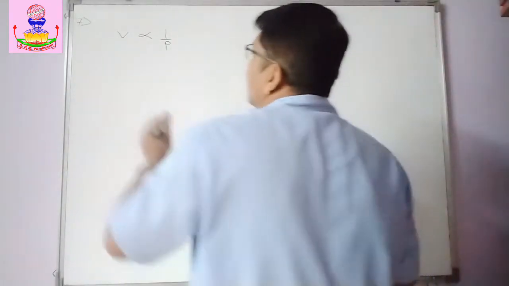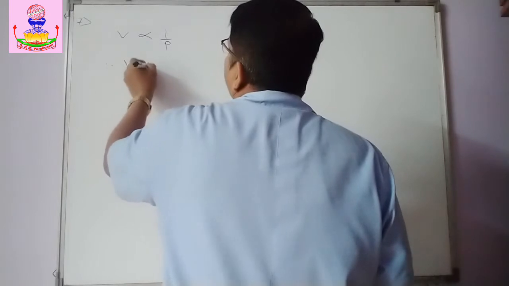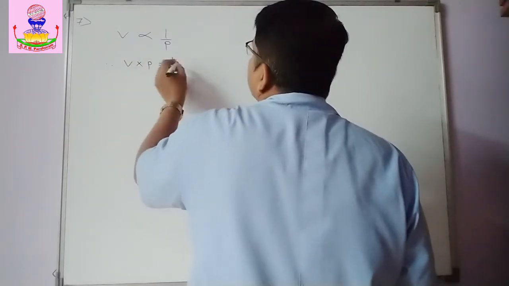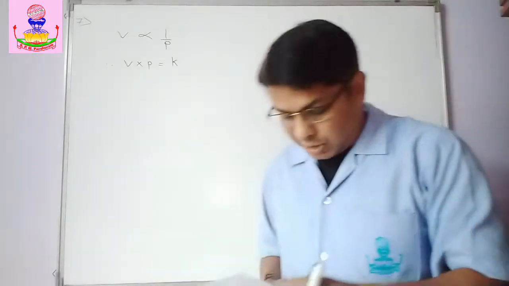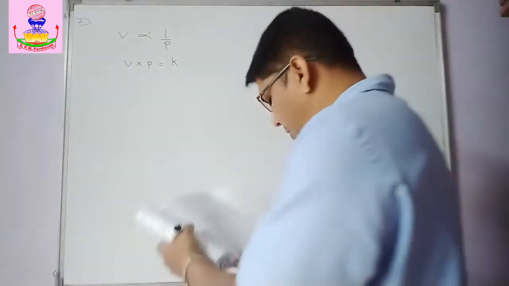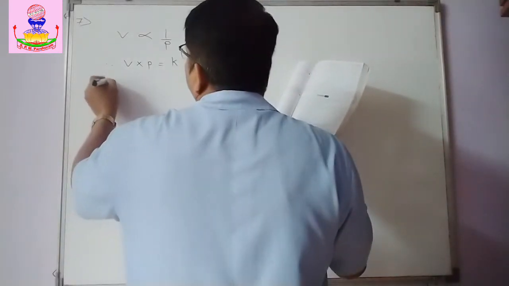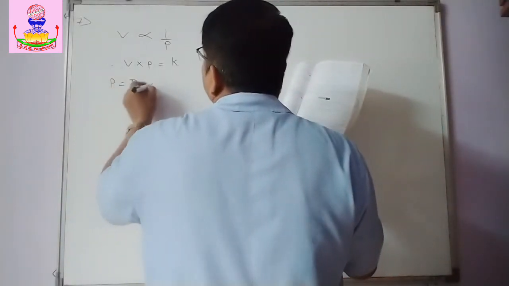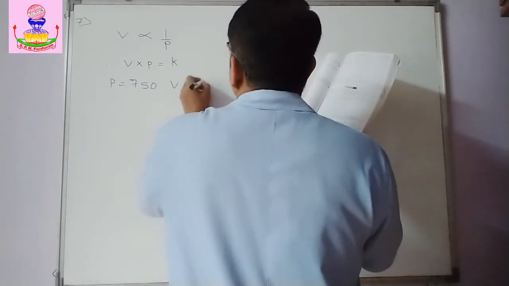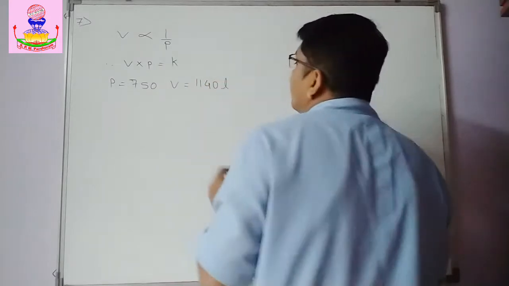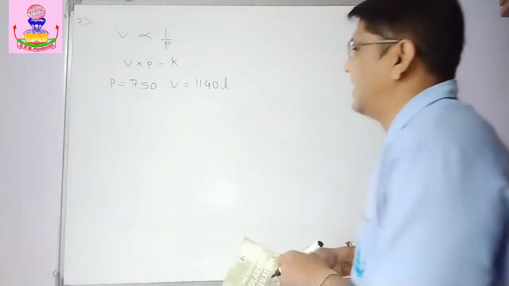So V into P is equal to constant, because in inverse variation the product is constant. Now values are given: if P is 750 units, volume is 1140 liters.